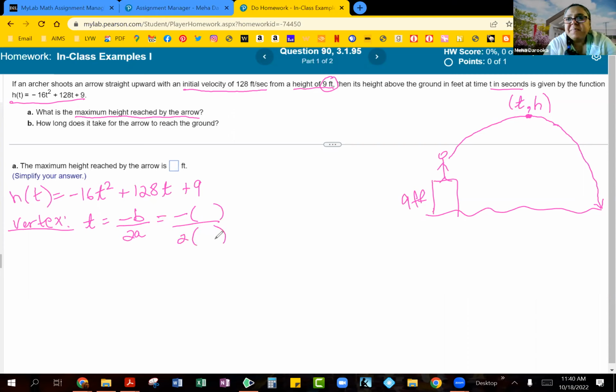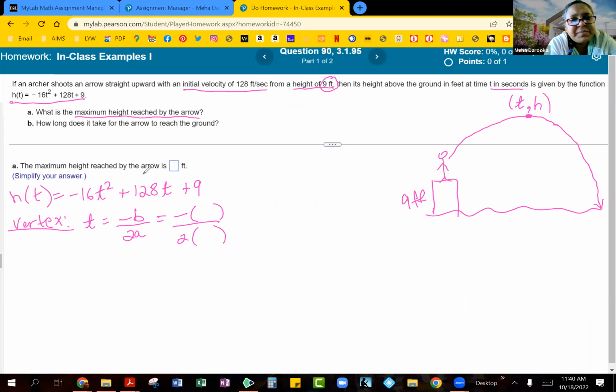What are the b and a values in this example, guys? Yeah, Della, perfect.